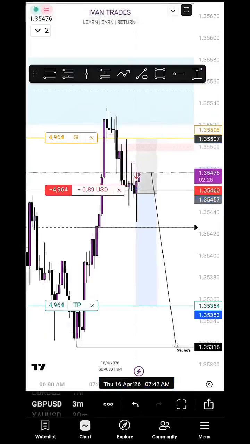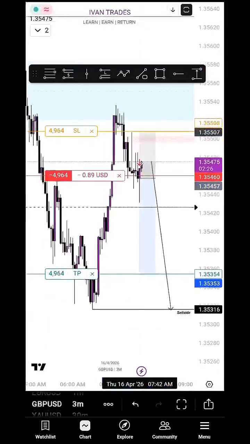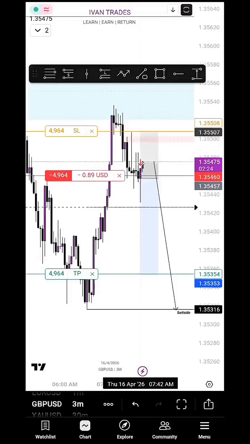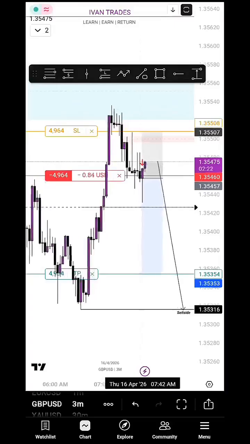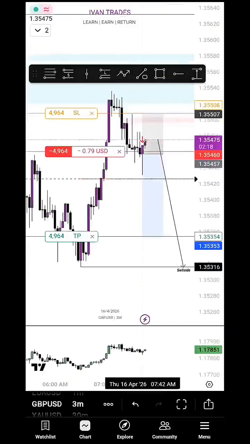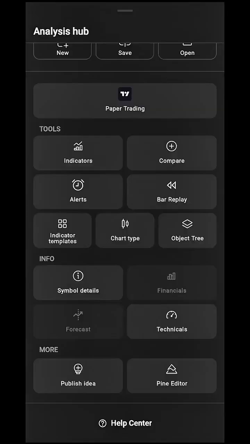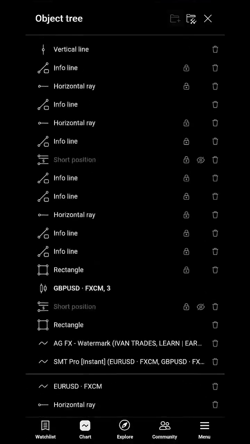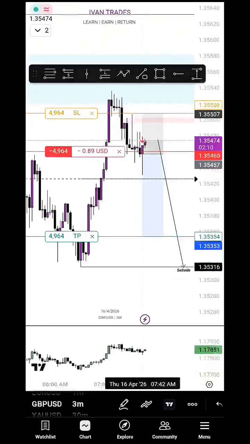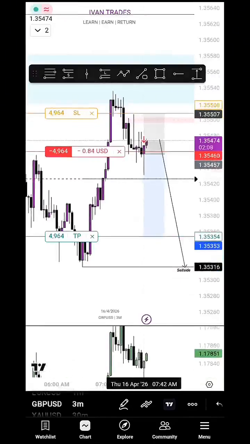I'm going to set an alert for when the price reaches equilibrium. For now, I can't do much. This is like a tiny scalp because the stop is like 5 pips.